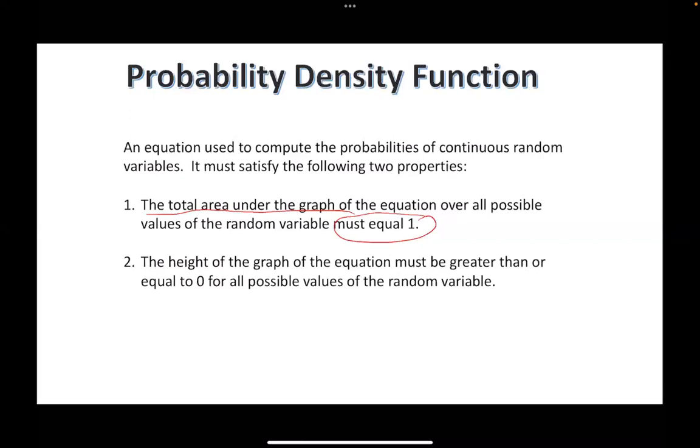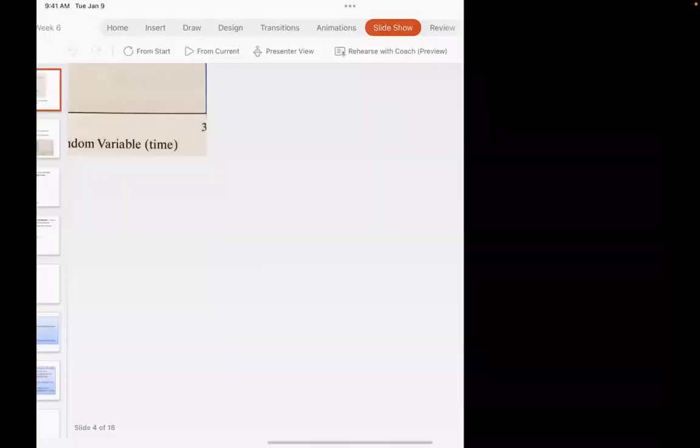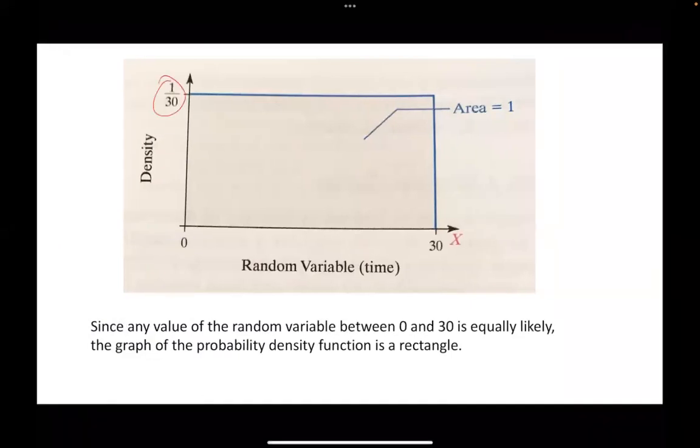I think we'll go to the graph next. So here's my graph. Equally likely to be any time between 0 and 30, and the area equals 1. The height of my graph is 1 over 30, because 1 over 30 times 30 equals 1. That makes sense. Because any value is equally likely, we end up with this rectangle instead of a pretty curve.